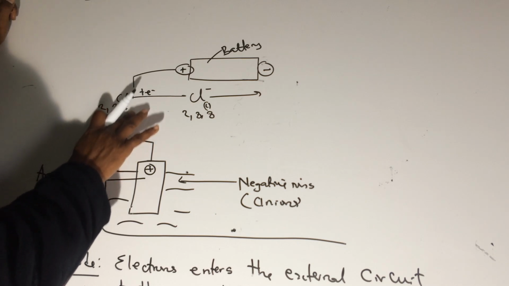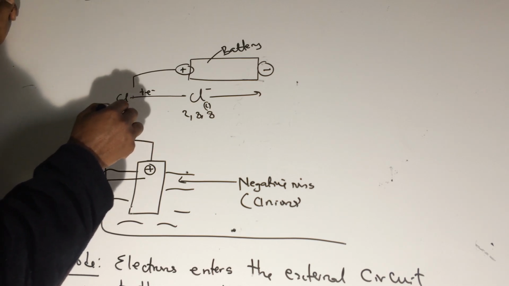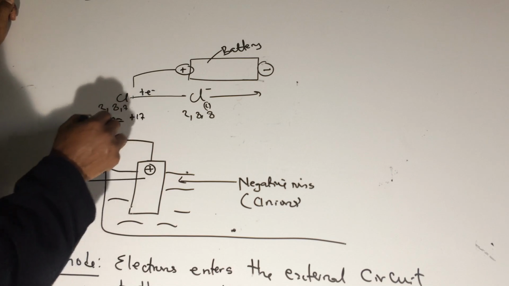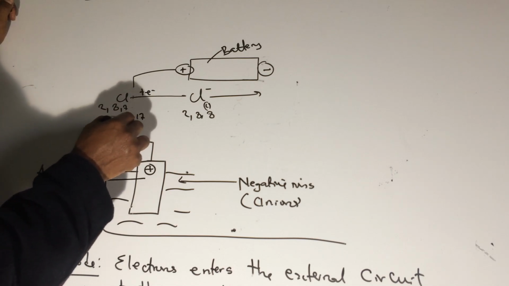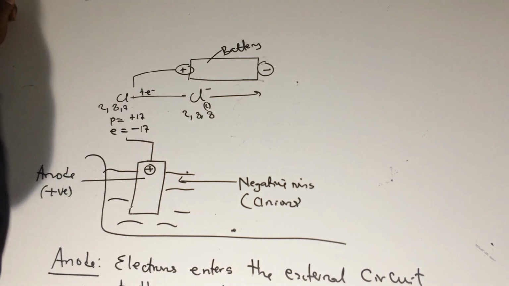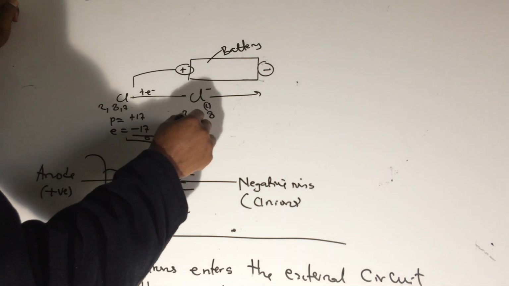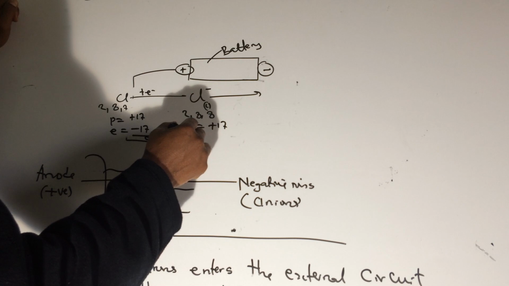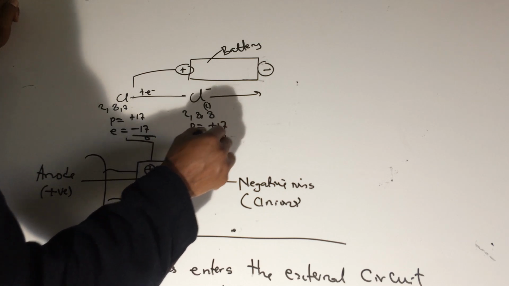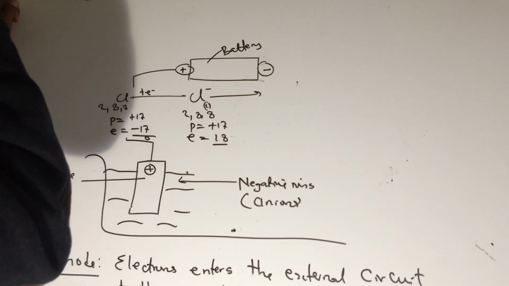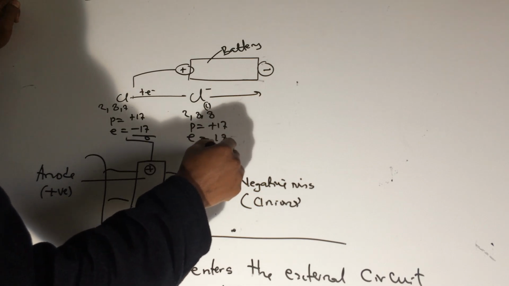The proton number here is plus 17 and the electrons are minus 17, so the net charge is 0. Now the protons still remain 17, but the electrons are now 18. So this is the extra, and the net charge here is minus 1.